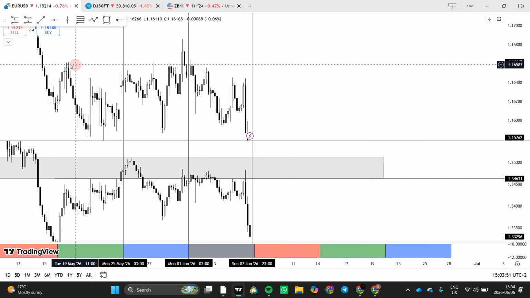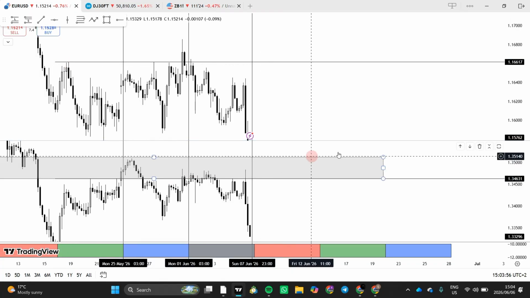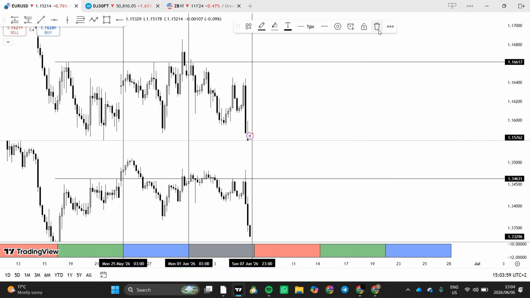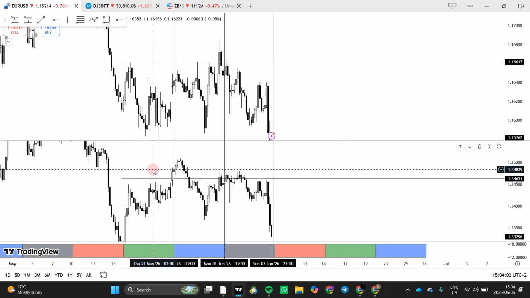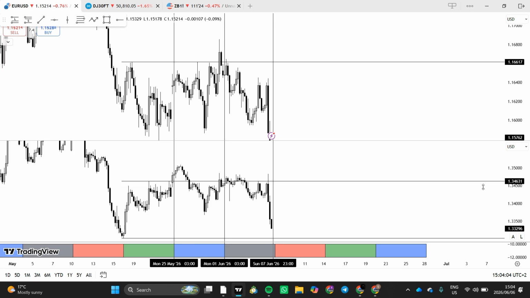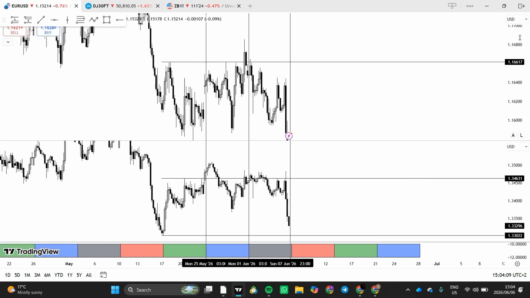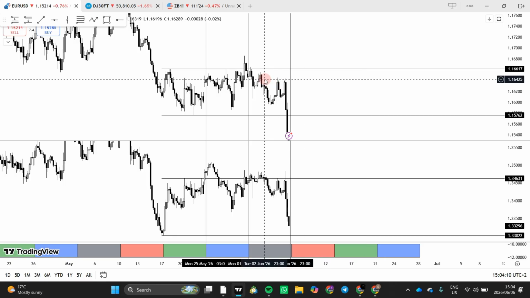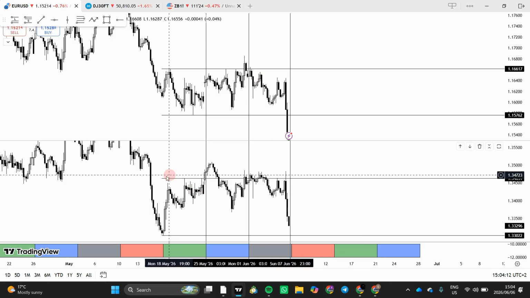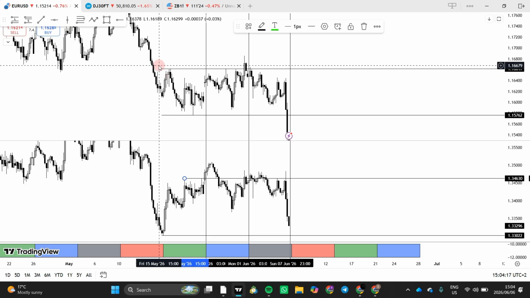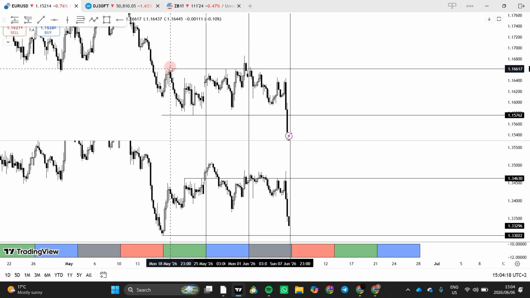So I have marked out the starting point of this fair value gap. I want you to take a look at this, our starting point right over there on our fair value gap.